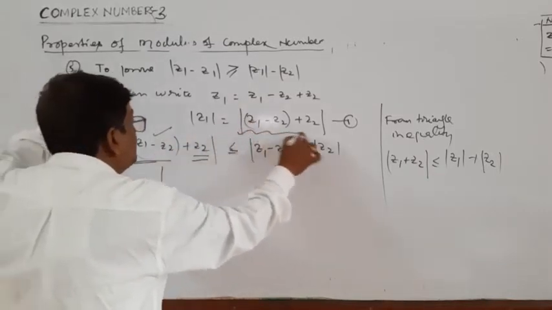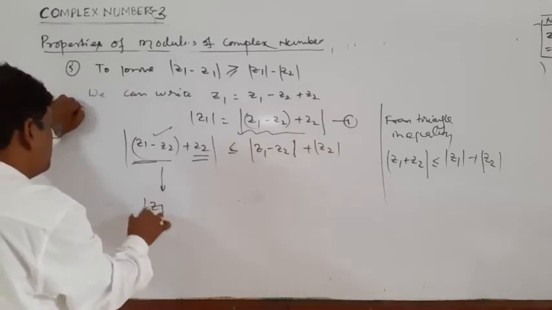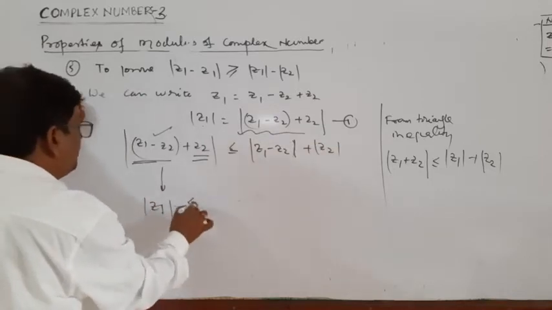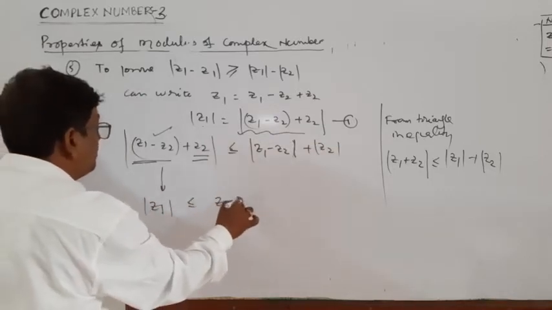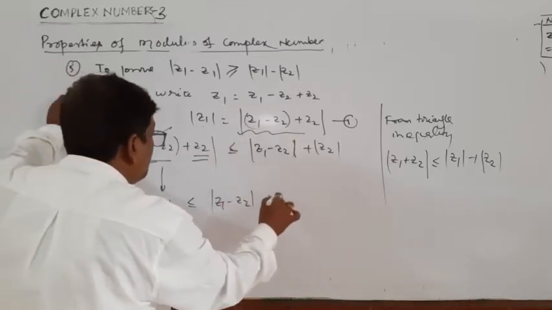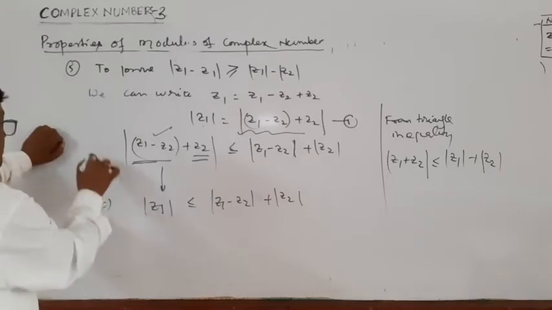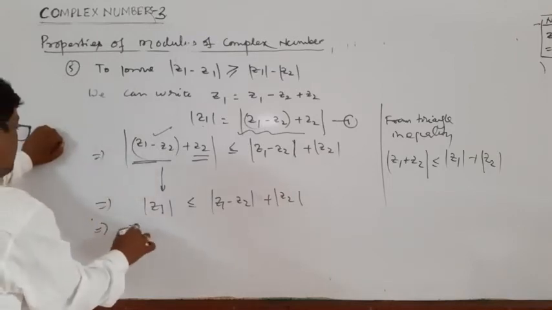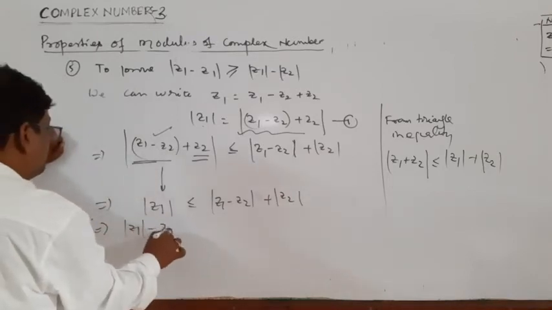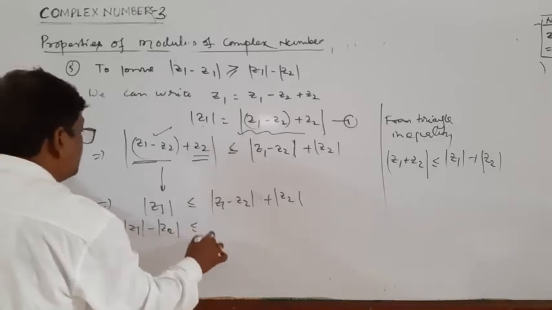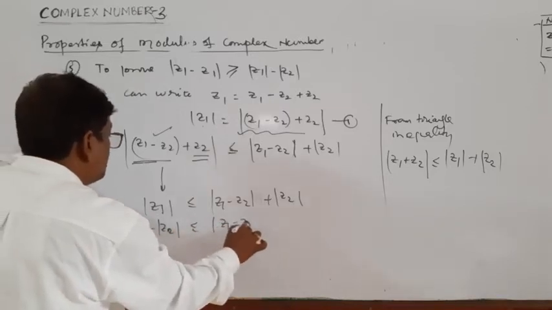Now from equation 1, this is its value: mod Z1 is less than or equal to mod Z1 minus Z2 plus mod Z2. Now take this side, that implies mod of Z1 minus mod of Z2 is less than mod of Z1 minus Z2.